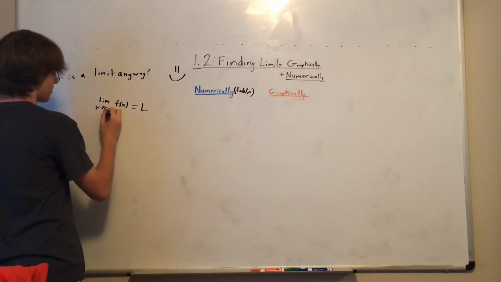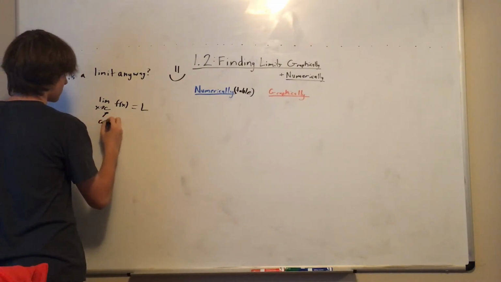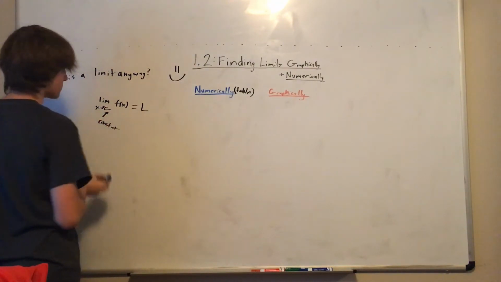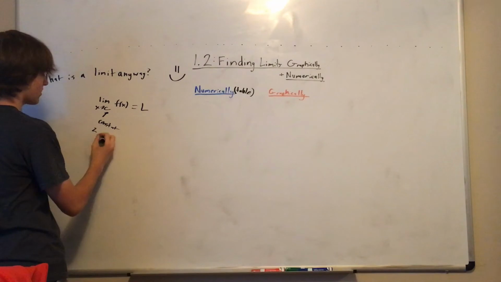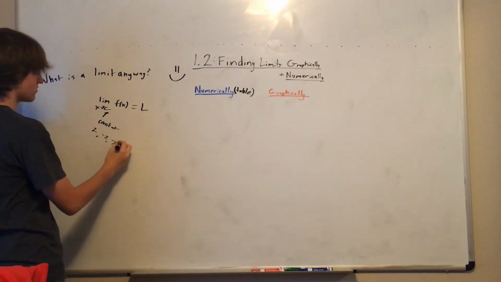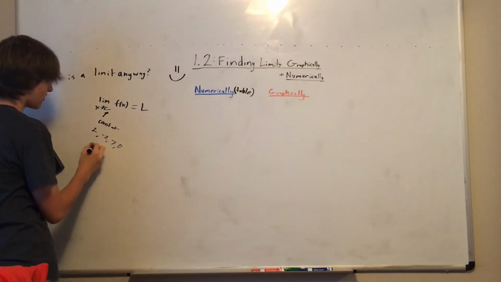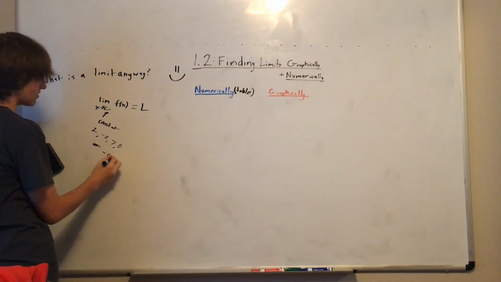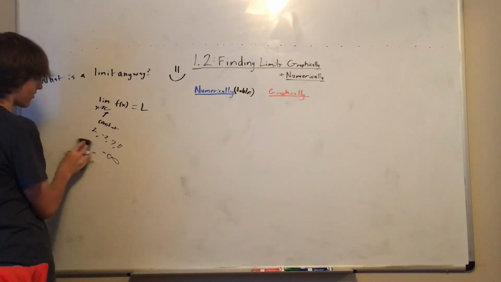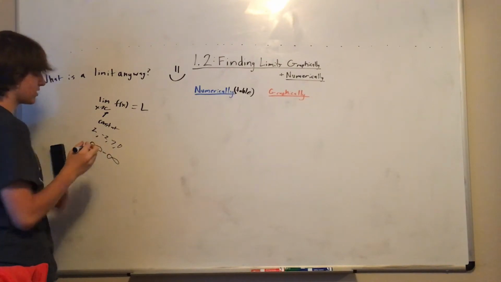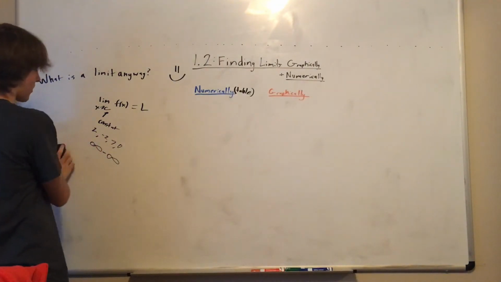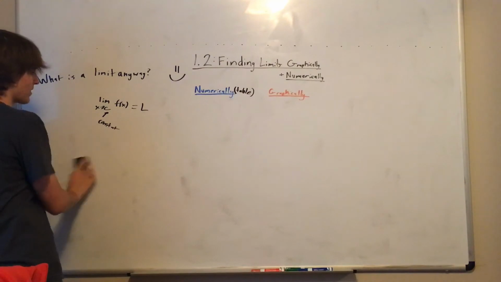This c right here is going to be a constant. A constant is just a number, like 2, -2, 7, 0, whatever. You might also see some infinities or negative infinities as well, but we're not going to get to that for a while because that's a completely different ball game that we're not going to play with right now.